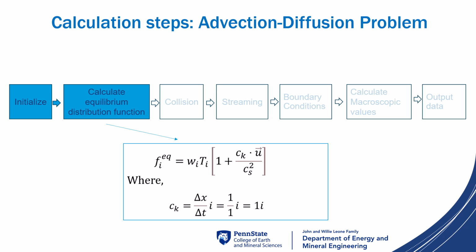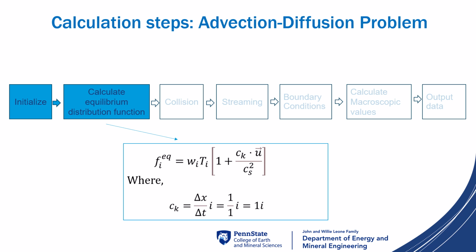The weights used are w_i. When i is 0, w is 4 divided by 6, and when i is plus or minus 1, it equals 1/6. These weights determine the likelihood of a particle resting, moving to the right, or moving to the left.